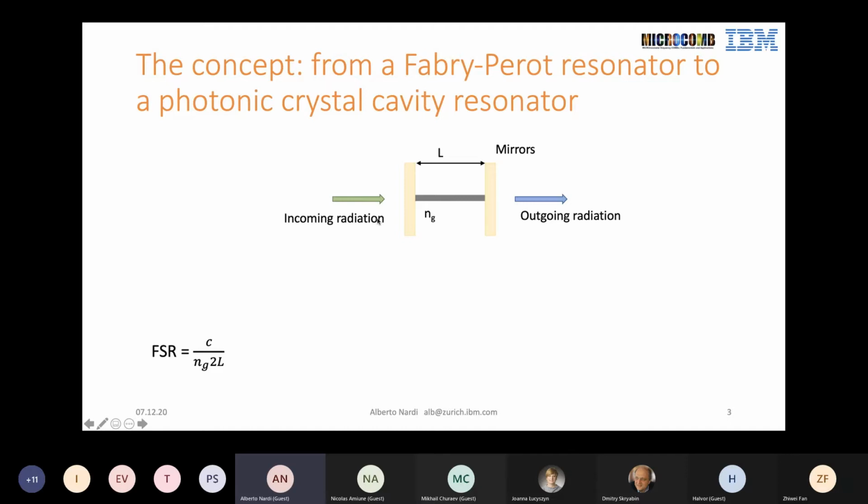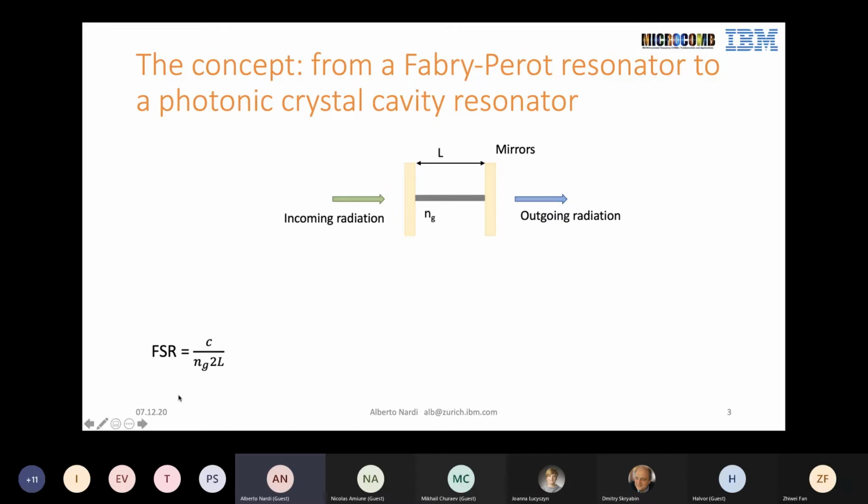We have an incoming radiation, and the coupled light depends on the transmission of the mirror, and then the outgoing radiation will be all those frequencies that are resonating in the cavity. Here I wrote the formula to calculate the FSR, and especially just to move on to the actual device that we are trying to work with.